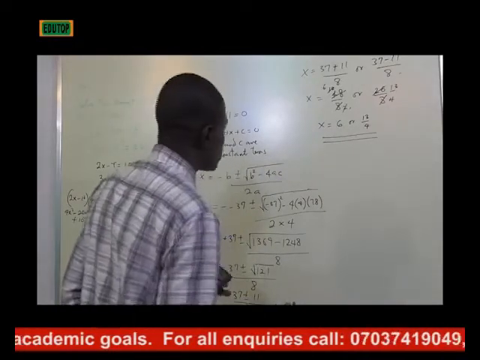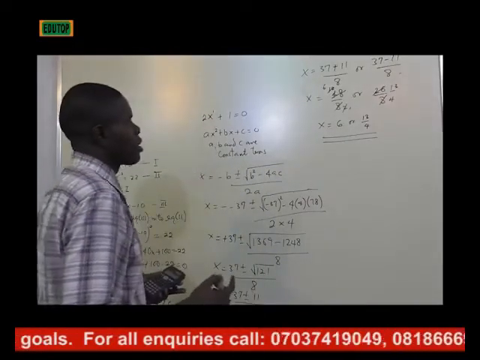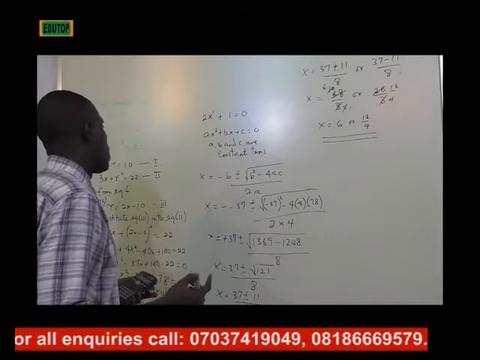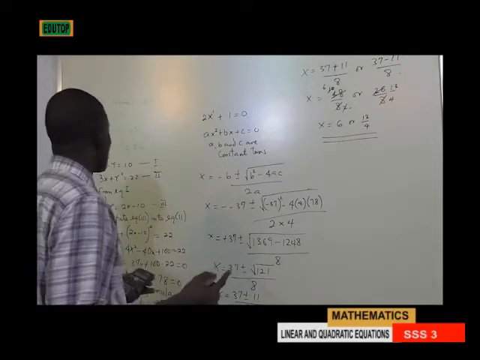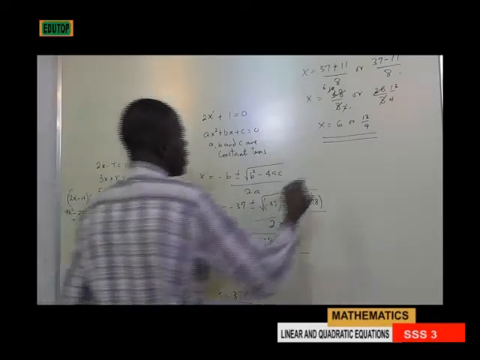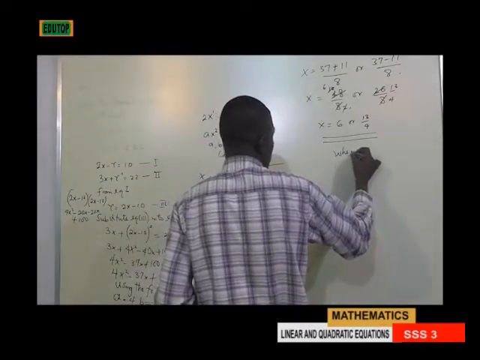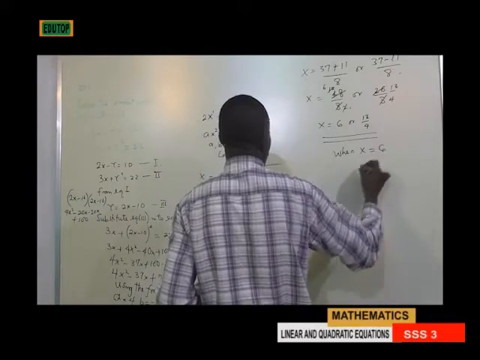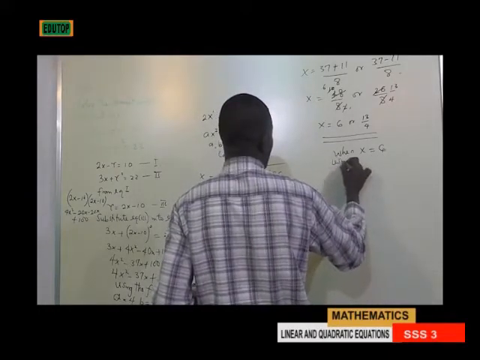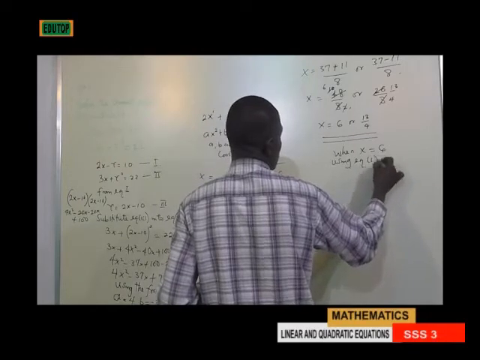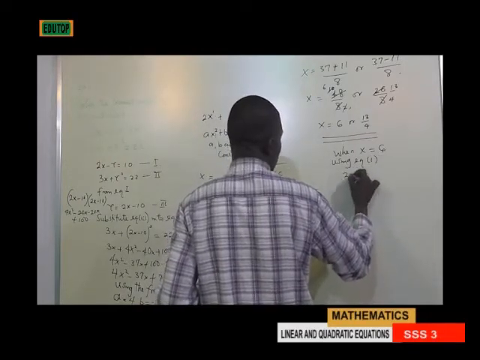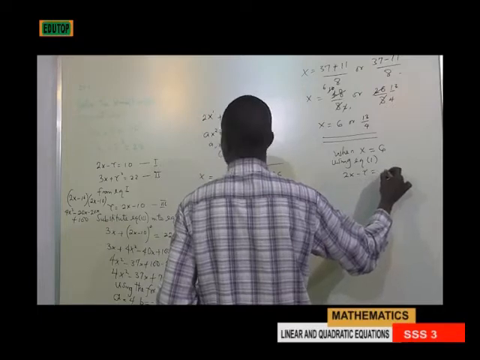And since I've gotten x to be 6 or 13 over 4, remember that I will have two values for x, two values for y. Now, when x equals 6, using equation 1, the equation is 2x minus y equals 6.